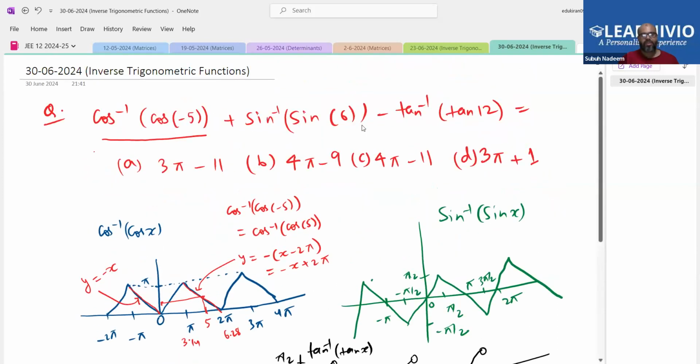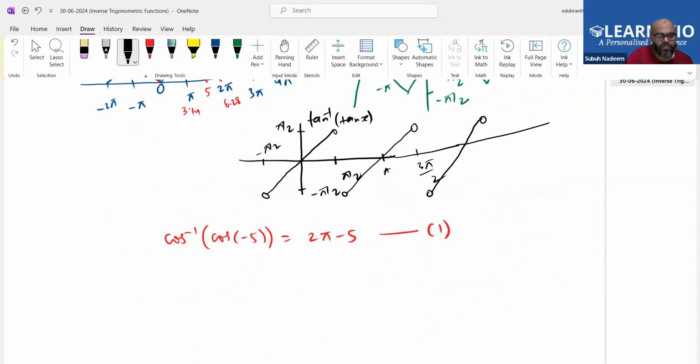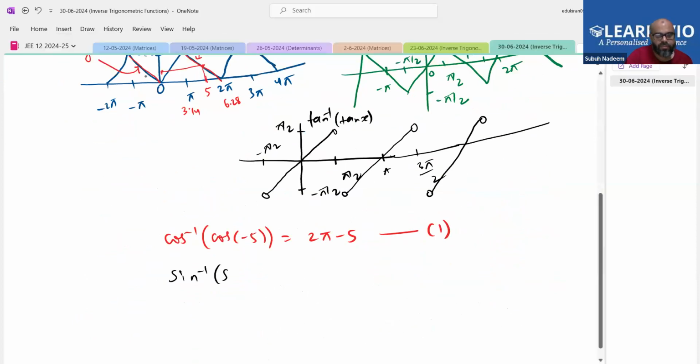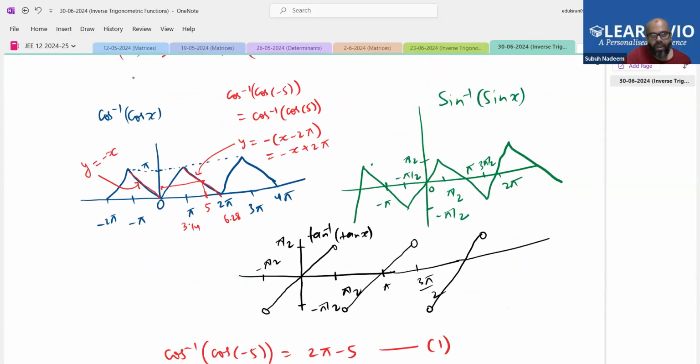Next is sine inverse sine 6. So 6 will be somewhere before 2 pi and after 3 pi by 2.